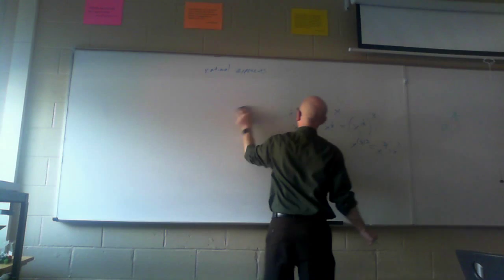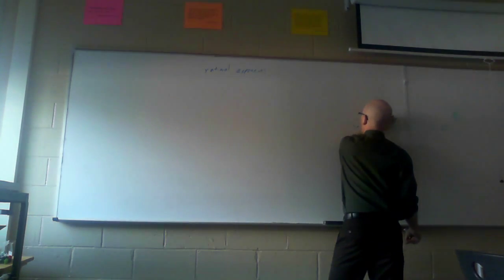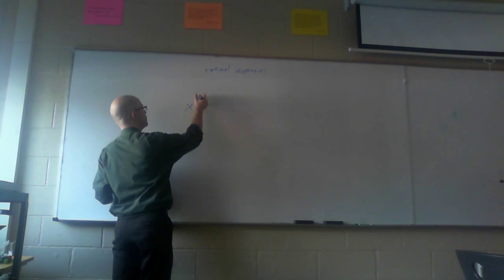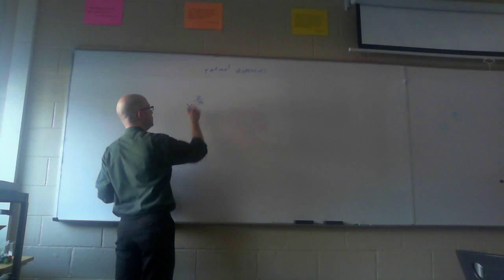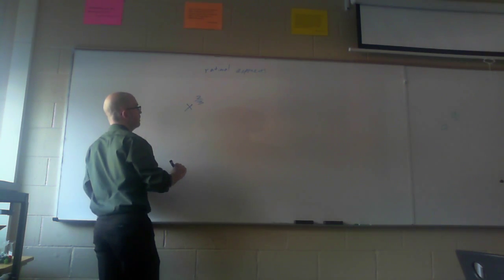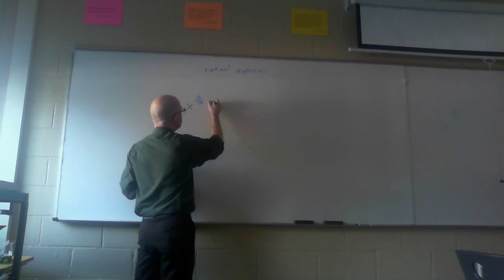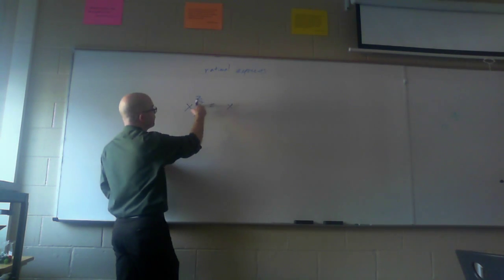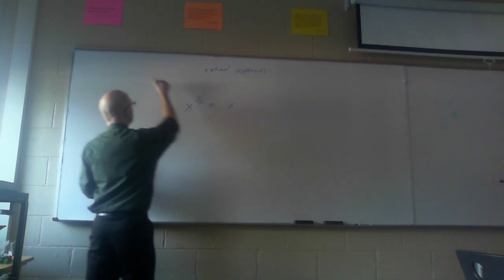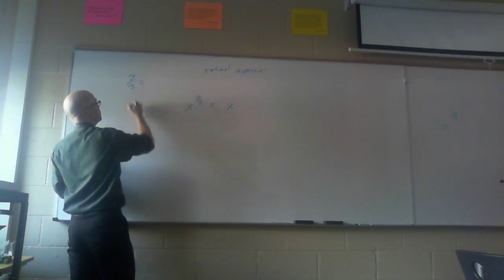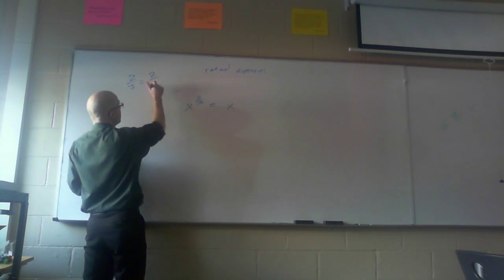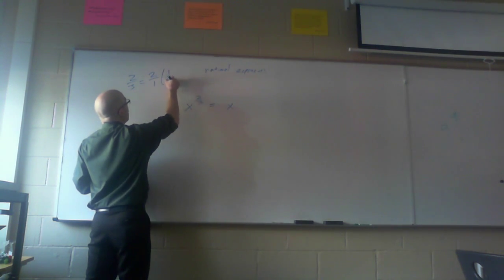If you want to make it a little bit more complex, if you've got x to the, let's say, 2/3, okay? This is the same thing as saying x, we can break it down just like we would break down a fraction. 2/3 can also be written as 2, technically 2 over 1, times 1/3.